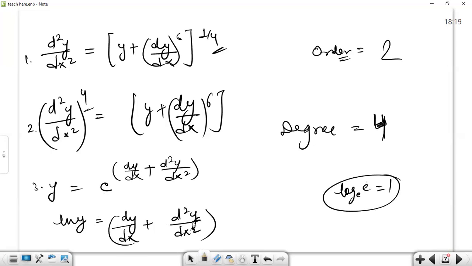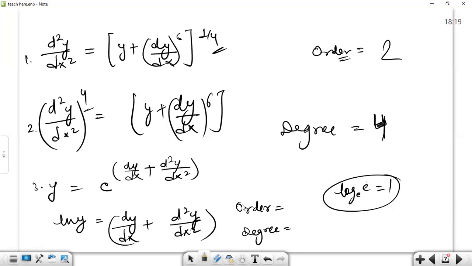So this is now the modified differential equation, which has derivatives, and the constant part is having some radical, so it doesn't matter because it's not attached to the derivatives, which we are concerned about. So here the order will be, tell me what will be its order.